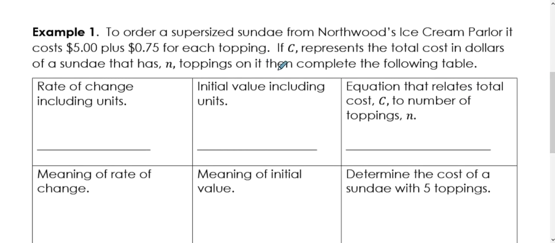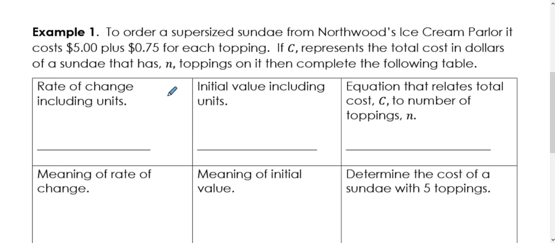To order a supersized sundae at Northwoods Ice Cream Parlor, it costs $5 plus 75 cents per topping. If C is the total cost of the sundae, and N is how many toppings are on it, complete the following table. So when we're looking at rate of change and constant, we're looking at what each part of the equation is doing.